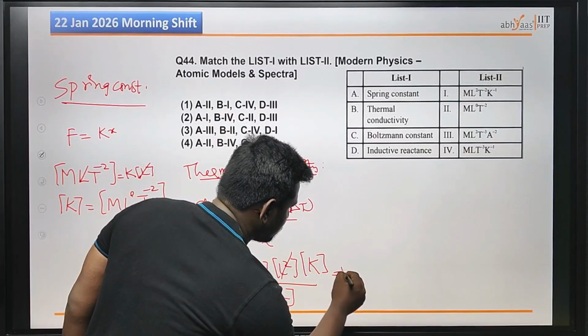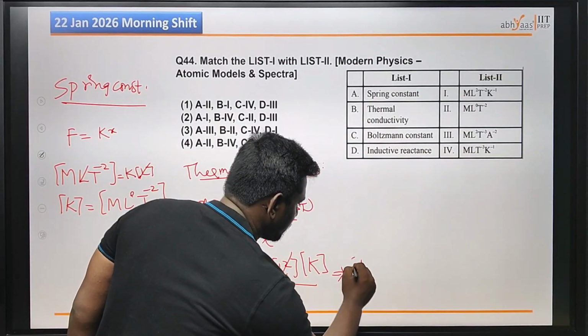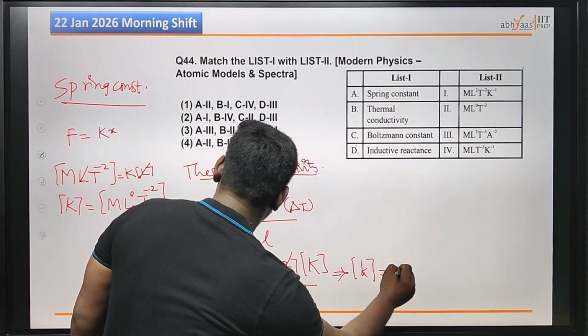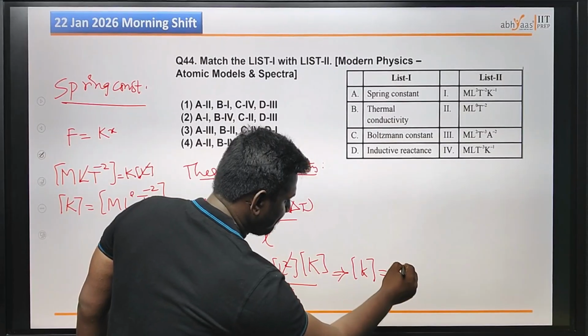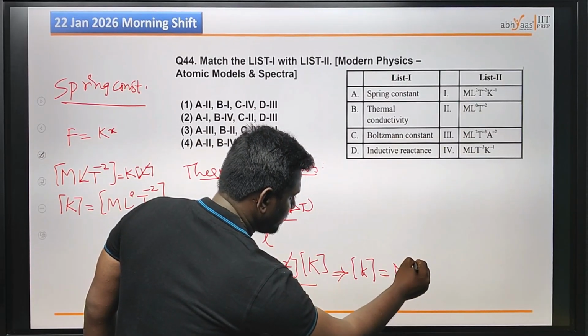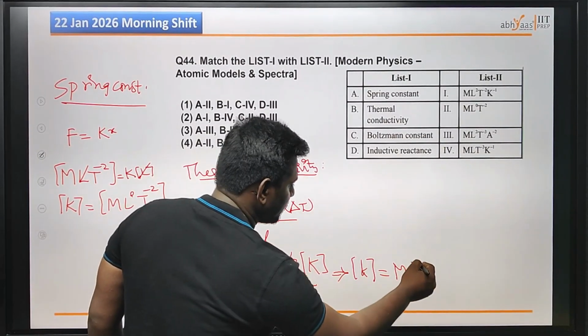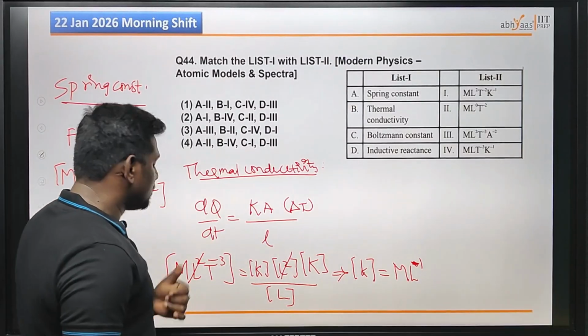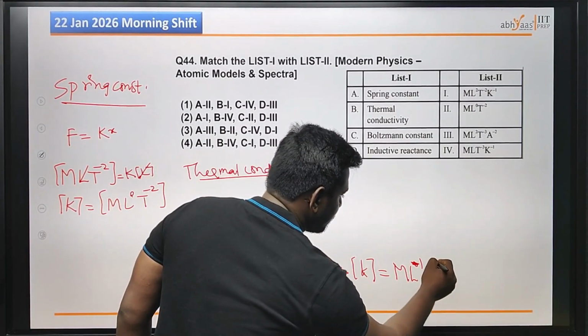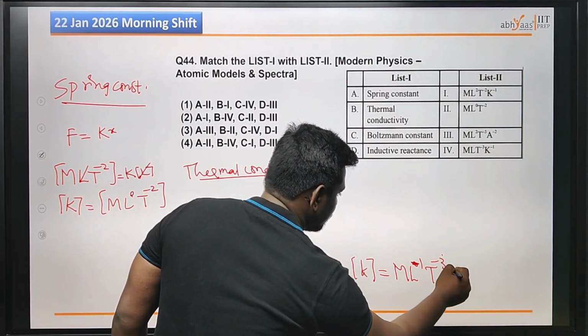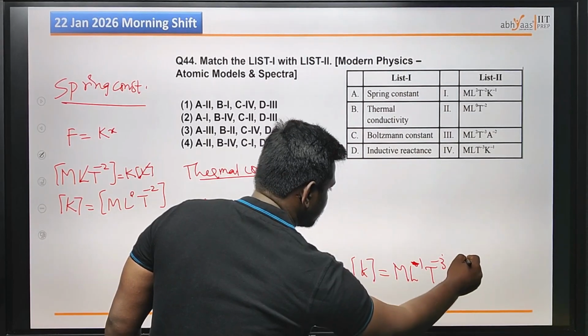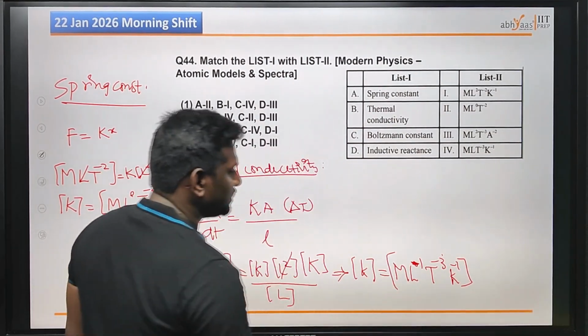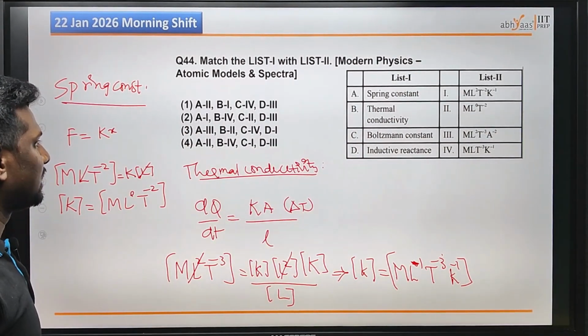So thermal conductivity K can be written as M L to the power minus 1 T to the power minus 3 into K inverse, that is temperature. This is thermal conductivity.